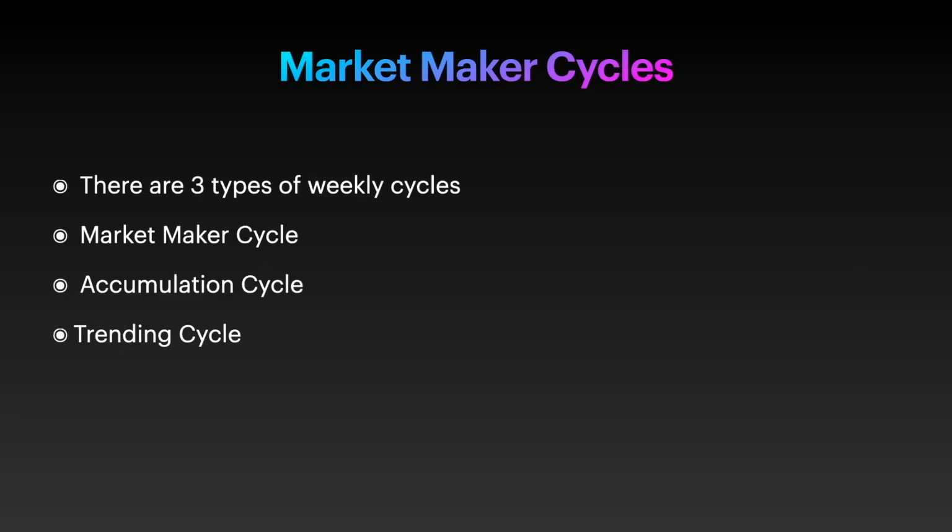Market maker cycles typically have a false move that happens at the beginning of the week to entice traders to take a directional bias early on, and then they end up having a midweek reversal, typically Wednesday or Thursday.